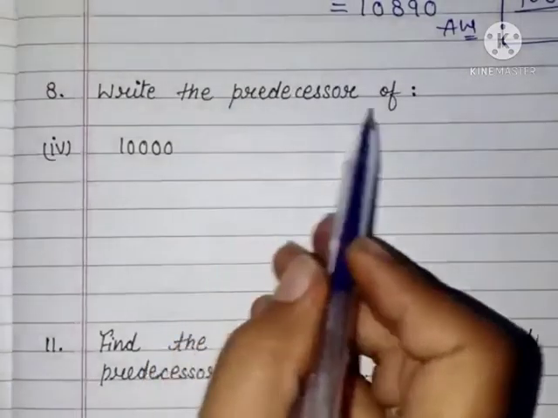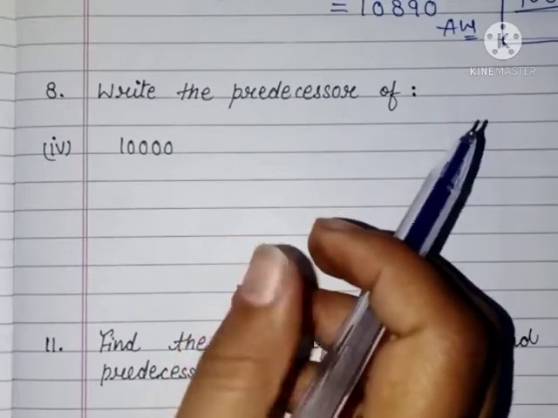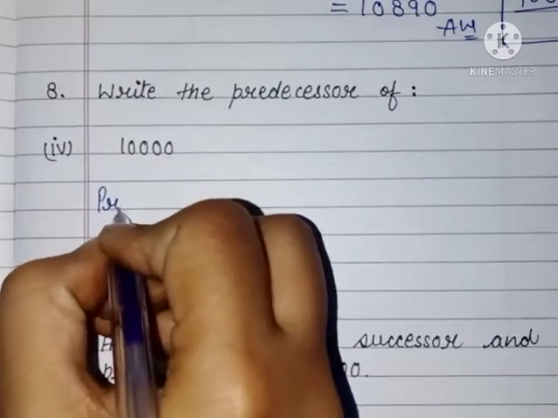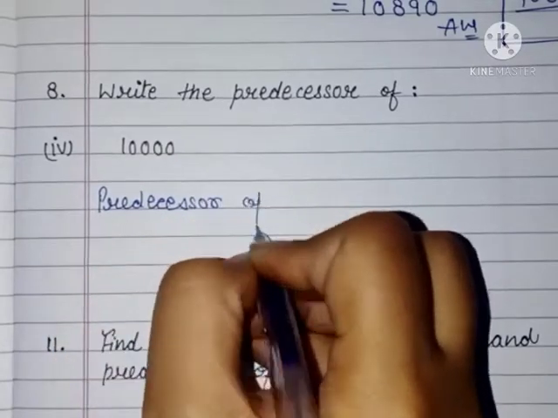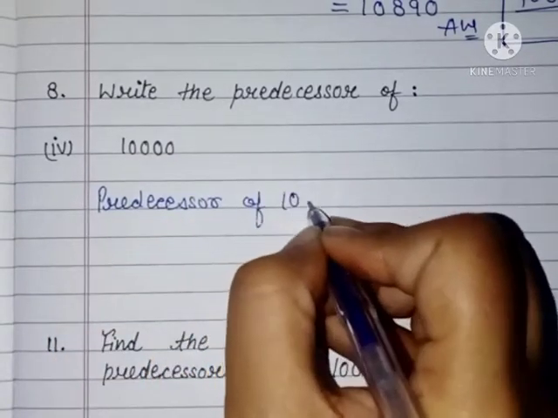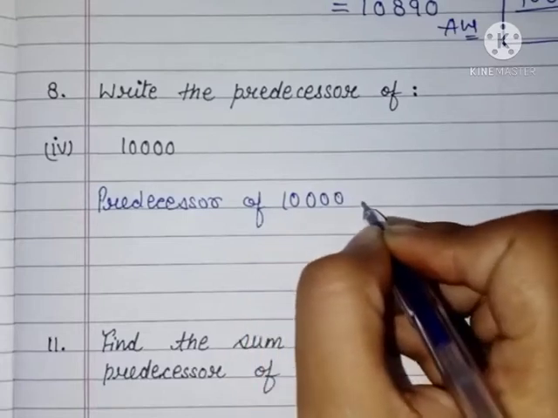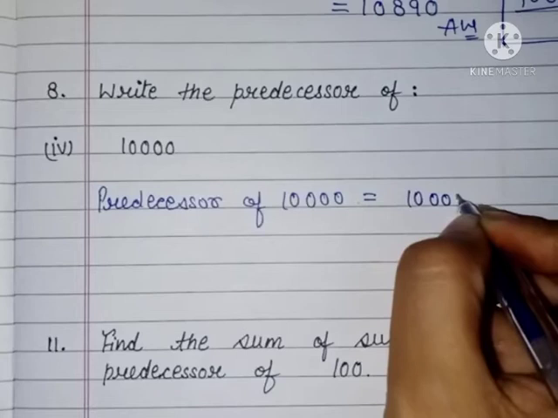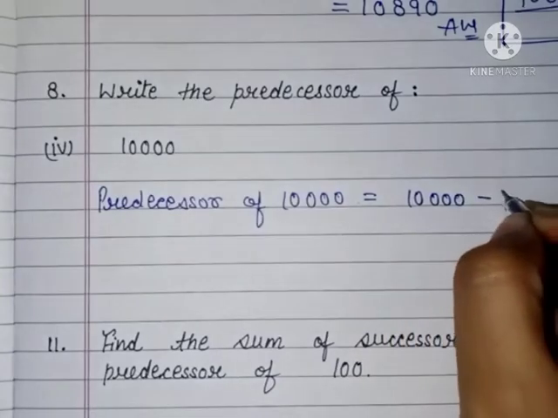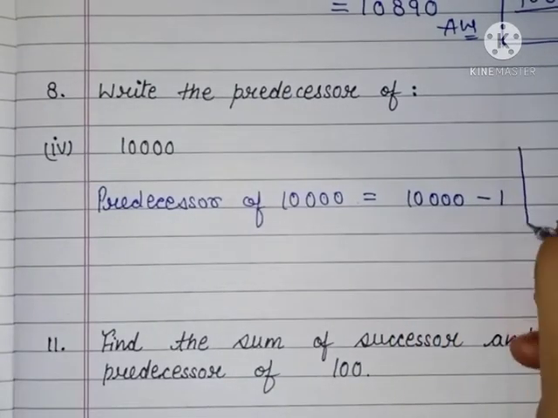Next is predecessor. For predecessor we subtract 1. So predecessor of 10,000 is 10,000 minus 1. To find predecessor we subtract 1.